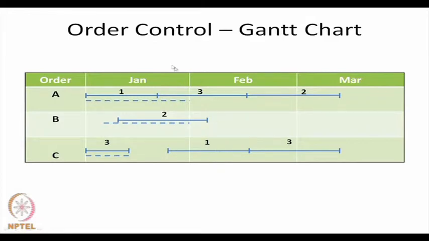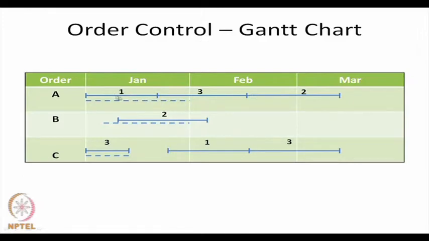So, this is usually called an order control chart. Once we know that order A work is delayed, the production manager can go into the details of why it was delayed in machine 1.